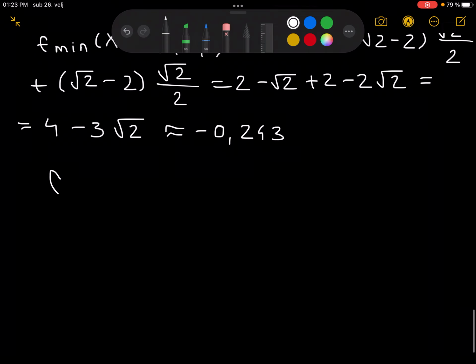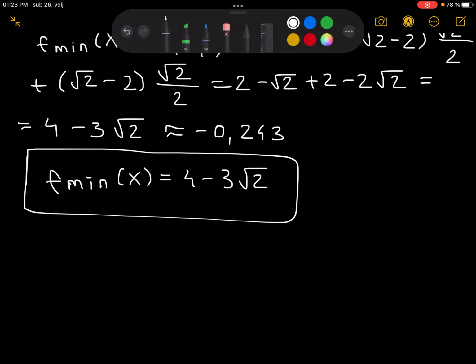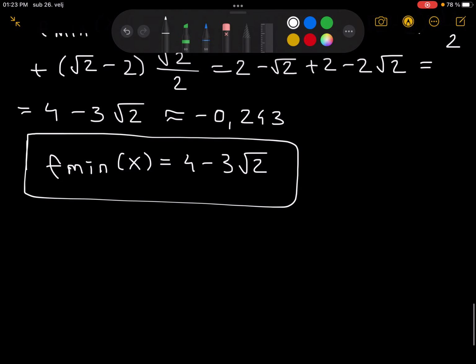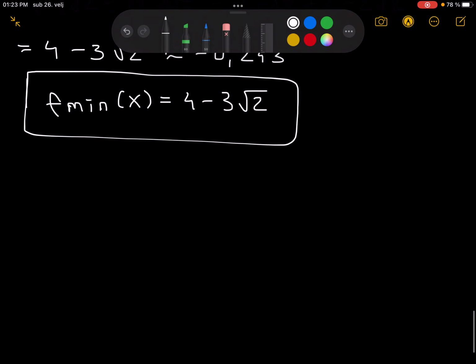So we say that the minimum value of this function is equal to 4 minus 3 times the square root of 2. Okay, so we found our minimum value. Now let's go ahead and do the maximum value. Actually see whether or not we get the maximum value.